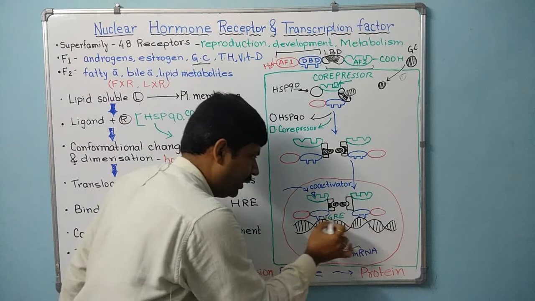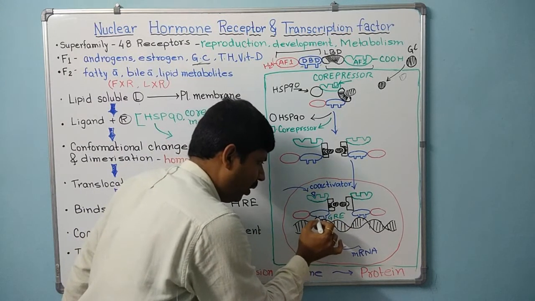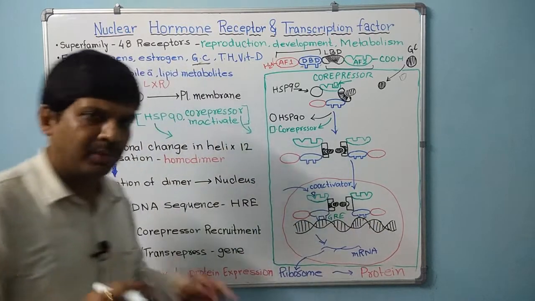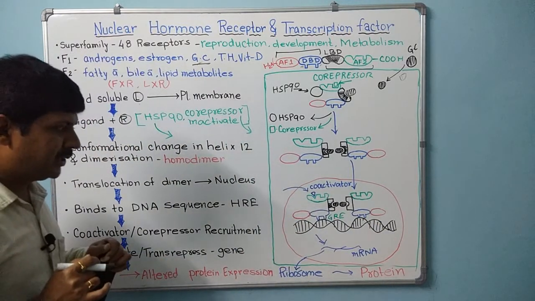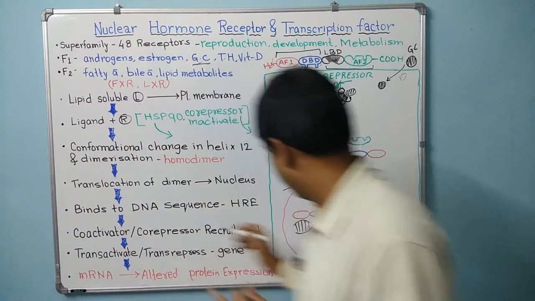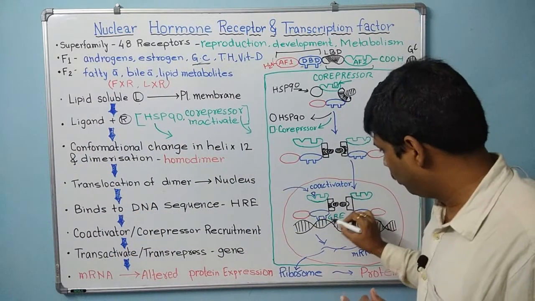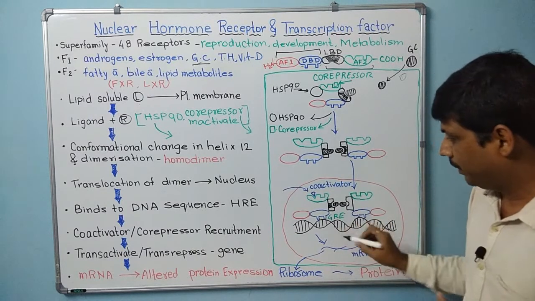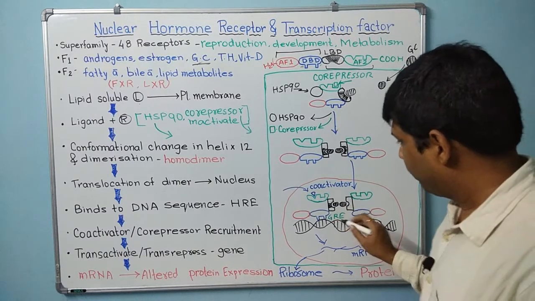It will bind to the DNA sequence with the help of the zinc finger. It will go and bind to the specific gene sequences, which are known as the GRE, or glucocorticoid response element, or in general hormone response element. So it will bind there.